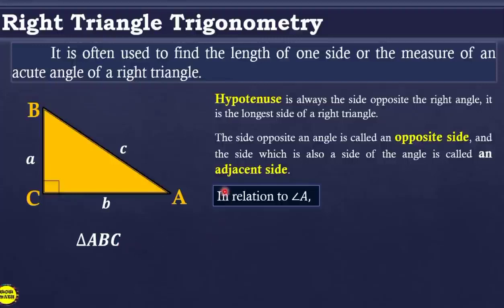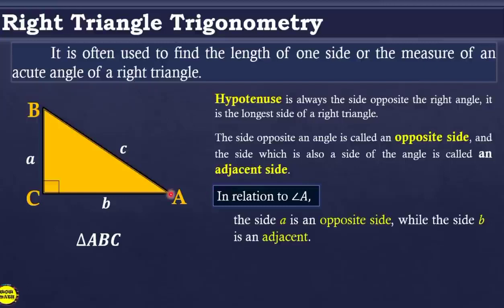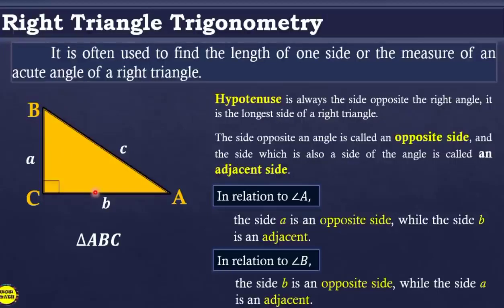In relation to angle A, so ito na nga po yun, this small letter a is your opposite side, while b is the adjacent. In relation to B, this is your opposite side, your small letter b, and a is your adjacent.